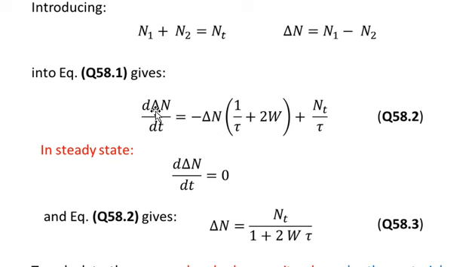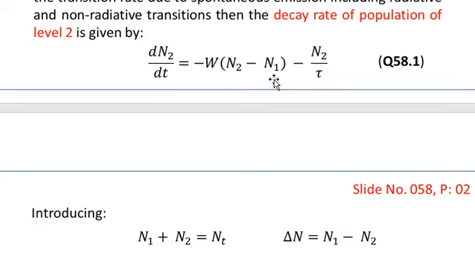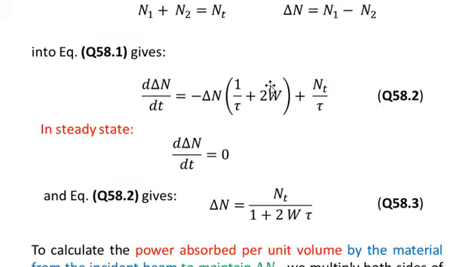That is, d over dt of delta N, which is N1 minus N2, is equal to minus delta N times, within parentheses, 1 over tau plus 2W, plus Nt over tau. So you see that if you replace Nt by N1 plus N2, and delta N with N1 minus N2, then you will get the same equation as in equation number 58.1.